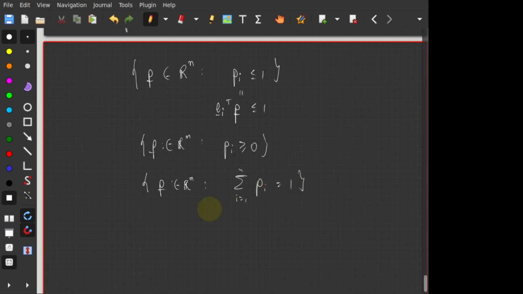Is this a half space? It's not a half space, but it's an intersection of two half spaces: summation pi less than or equal to 1 and summation pi greater than or equal to 1. So in other words, you can generate the probability simplex as an intersection of 2n plus 2 half spaces.